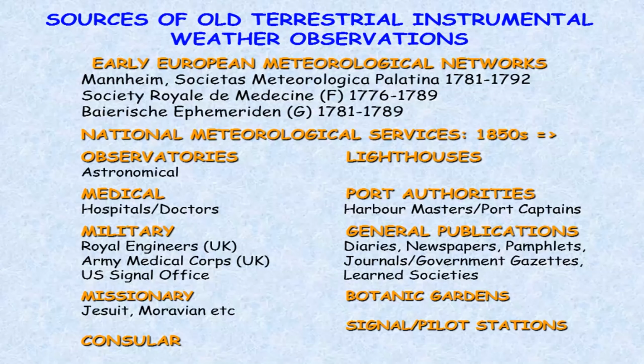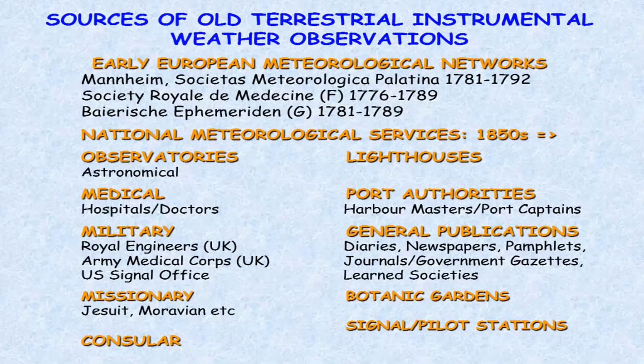But the sort of things I really wanted to mention were the possible sources under that broad banner: observatories, data from medical sources, from military sources, missionaries even, consular records, lighthouses, port authorities, even general publications.